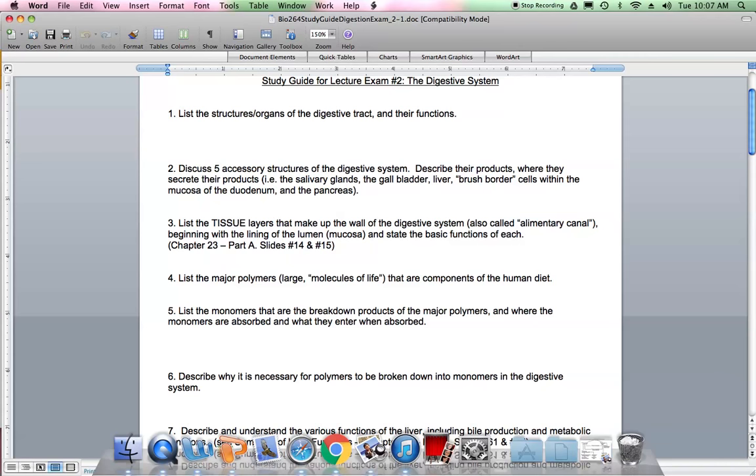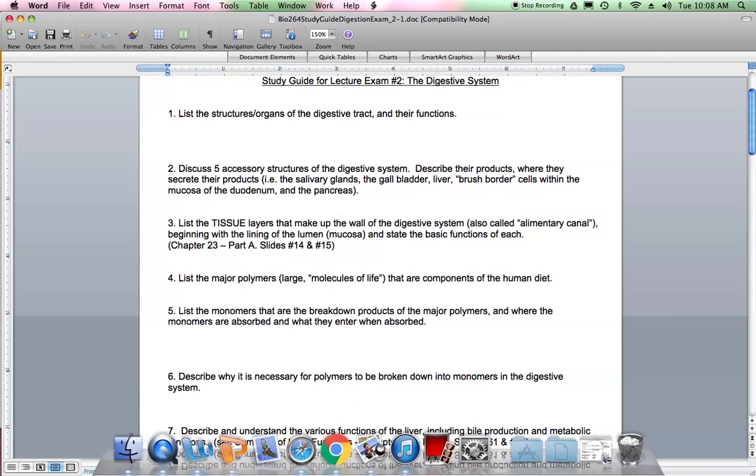So when we say where are they broken down, where are they absorbed, the main place for even breaking them down is going to be in the duodenum. As soon as the chyme comes out from the stomach, it'll enter that short segment of the small intestine called the duodenum. Many enzymes are added by the brush border cells in the wall of the duodenum and the pancreas.